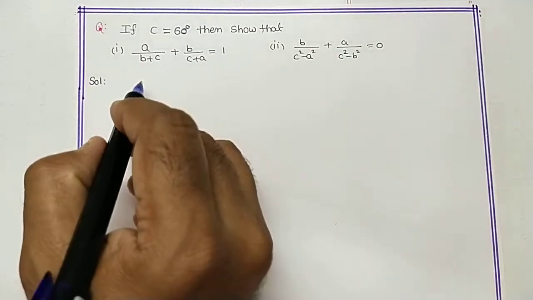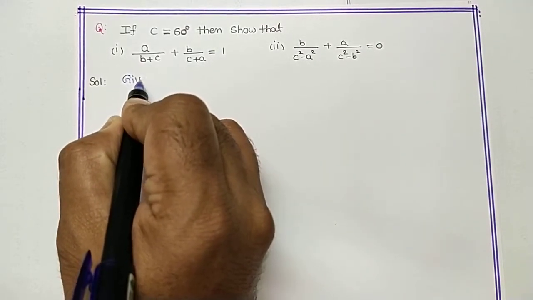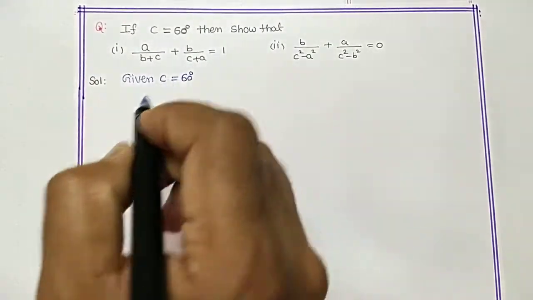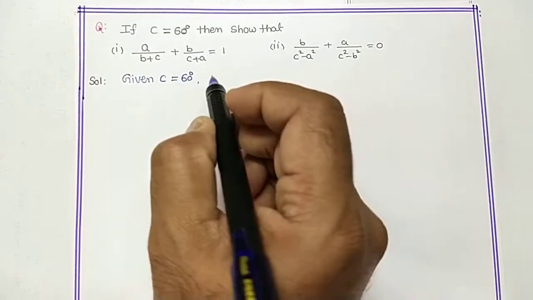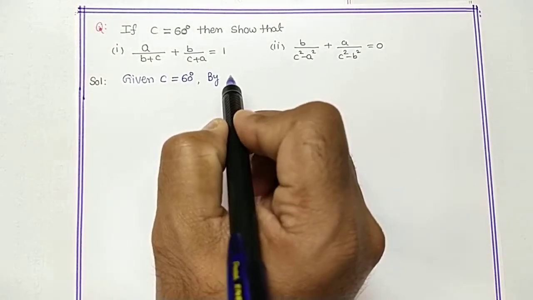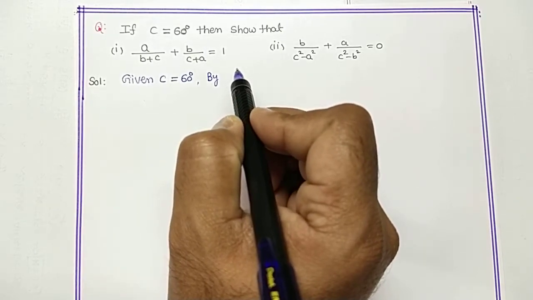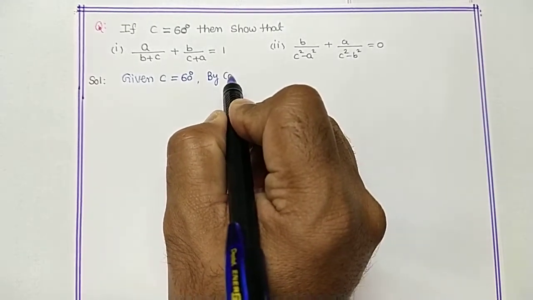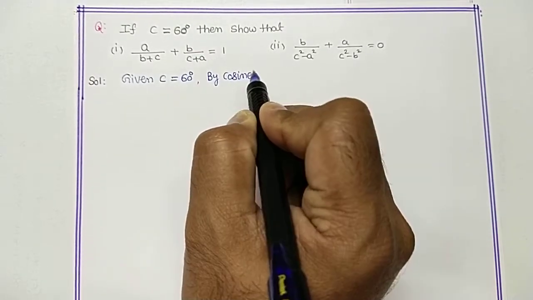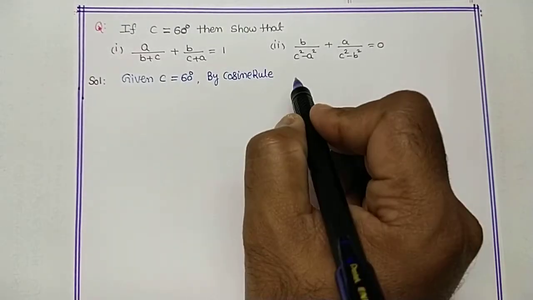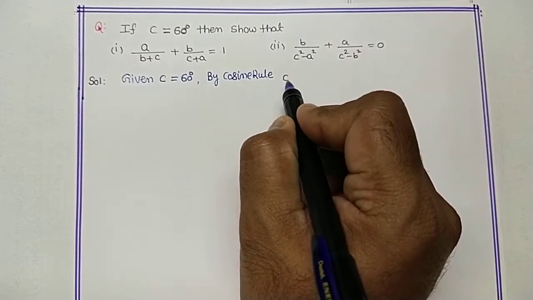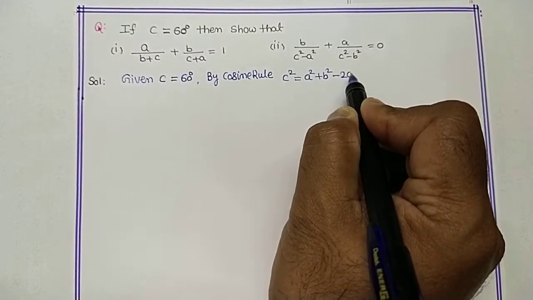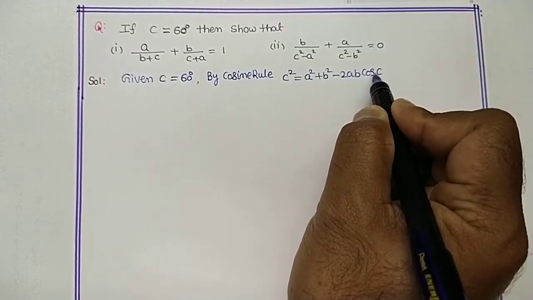Given C equal to 60 degrees, by using the cosine rule, c square equal to a square plus b square minus 2ab into cos c.